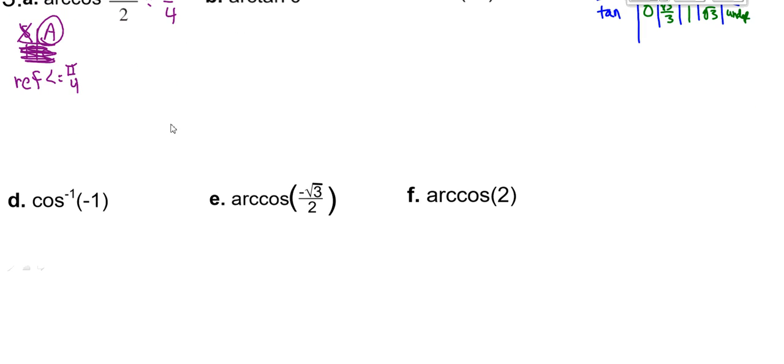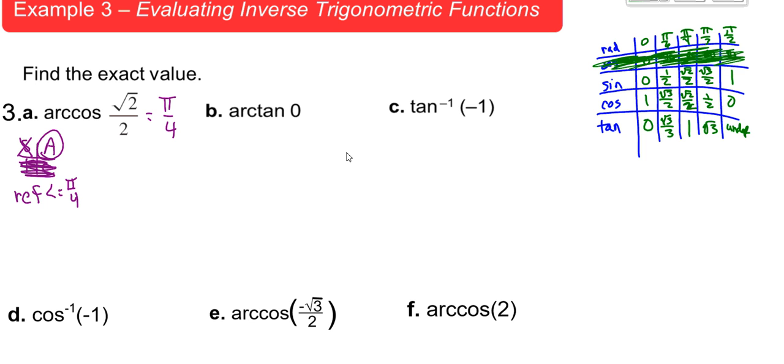So take a moment, pause this if you want to try B through F, and then we'll move on with E and F after I show the work for these.